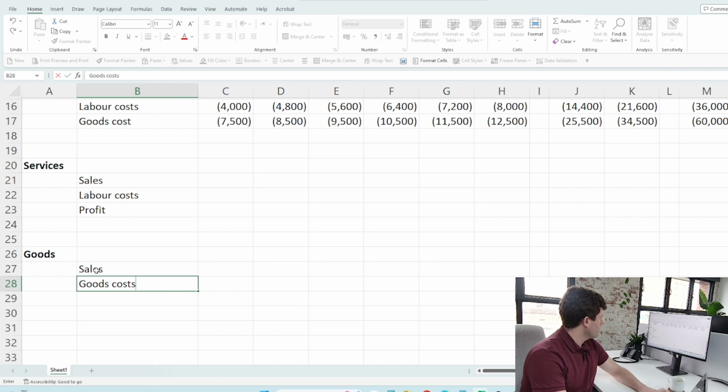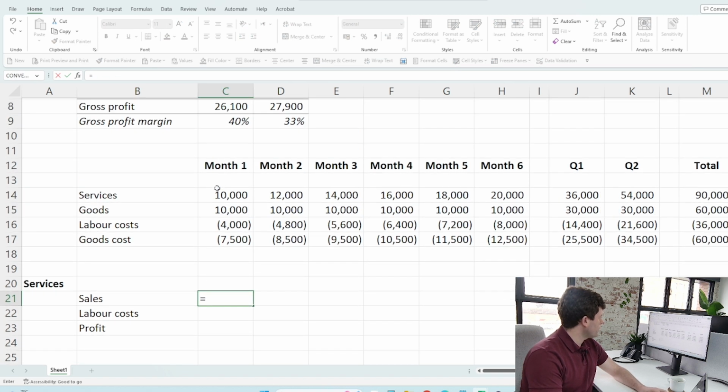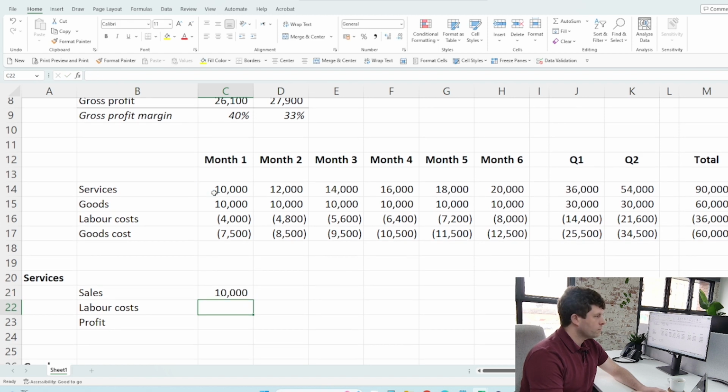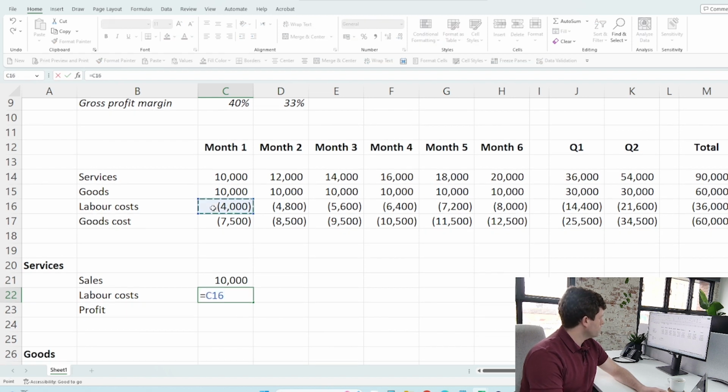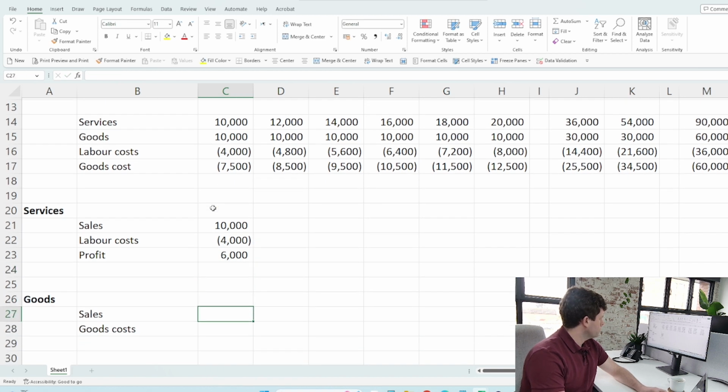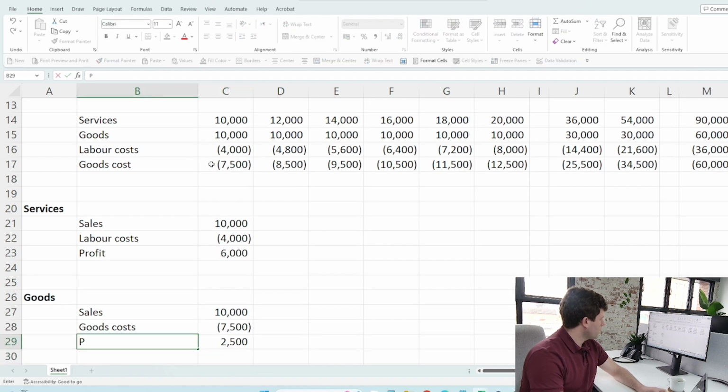Sales, goods cost. And let's get this linked up to our numbers above. And we can do a quick profit. Same here, we'll link the numbers up. And then calculate the profit.